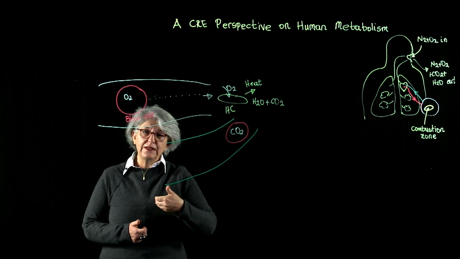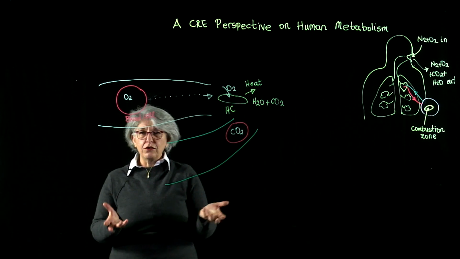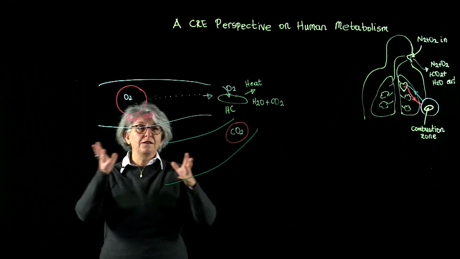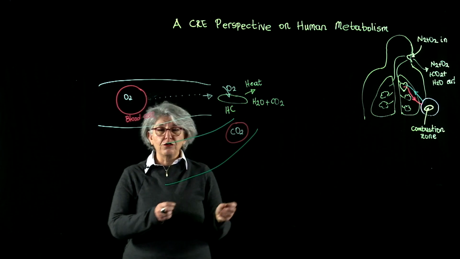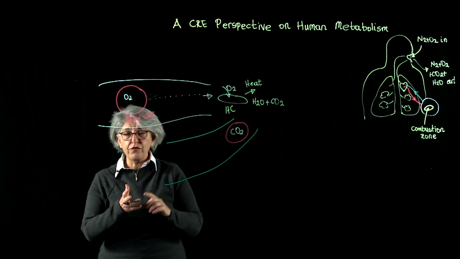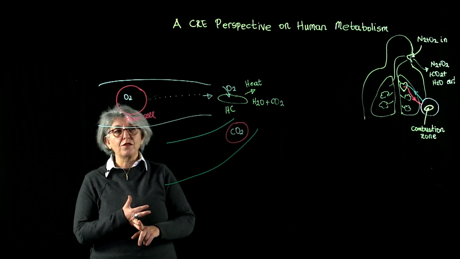In order to increase this heat generation, I have to combust faster. In order to combust faster, I have to transport oxygen faster. In order to transport the oxygen faster, I have to have both my circulatory system and respiratory system work faster.